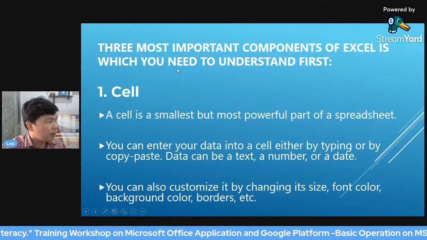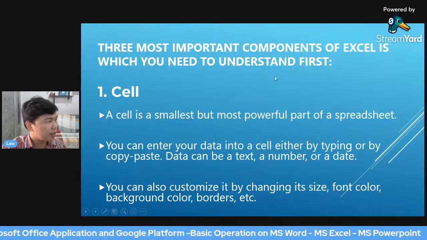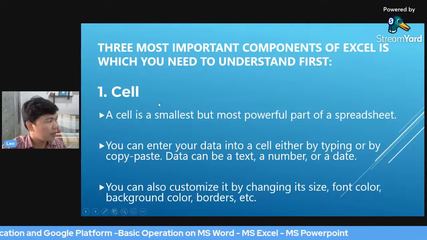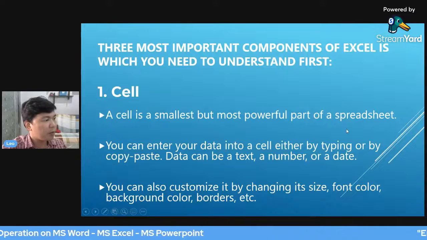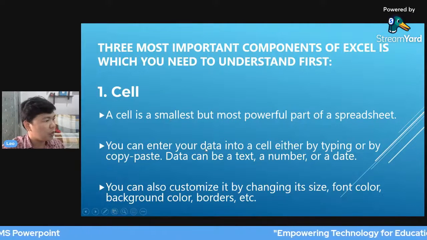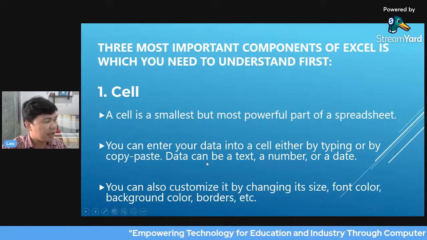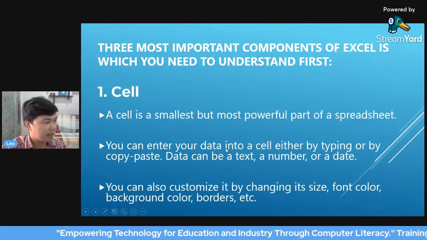Okay, so the three most important components of Excel, which you need to understand first. Number one, we have the cell. It is the smallest but most powerful part of a spreadsheet. You can enter your data into a cell either by typing or by copy paste. Data can be a text, a number, or a date.